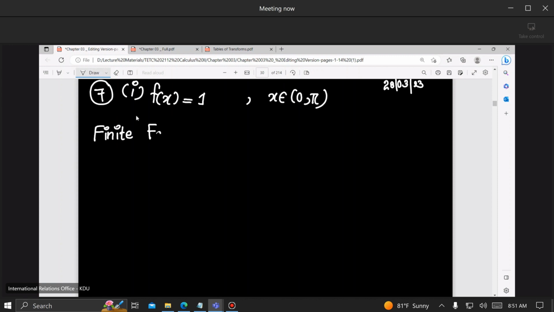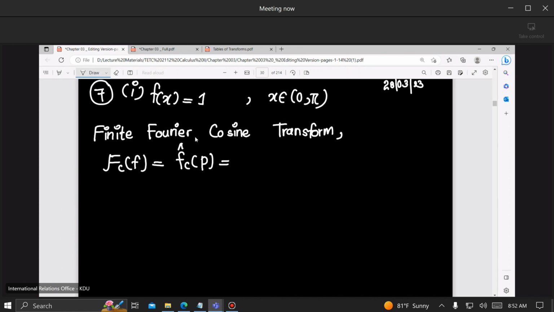Okay, let's recall the expression. If we are asked to find the finite Fourier cosine transform of the function f, we can use the notation f hat c p.